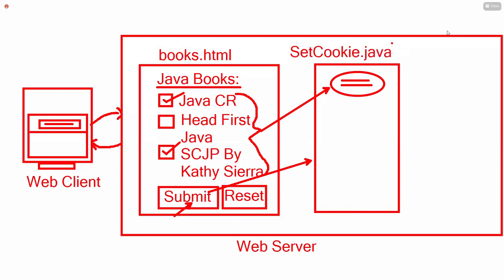Okay. Now, from the browser window, you send a request to the HTML program. This total HTML program comes to the browser. The browser executes it, then the output is displayed. In that, you selected two books and clicked on the submit button. Then whatever you selected is again passed to the server. This program received this data.